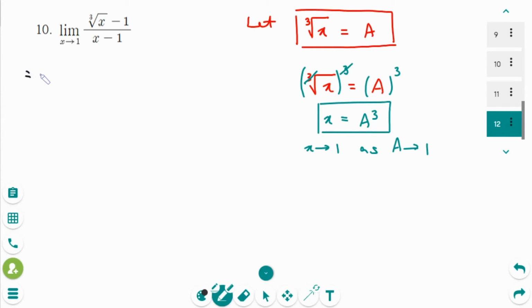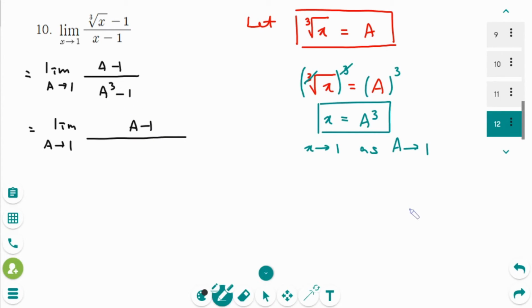And now all variables with x are changed into a. So this one is a minus 1, and that one is a cubed minus 1. And a cubed minus 1 factors as a minus 1, a squared plus a plus 1.